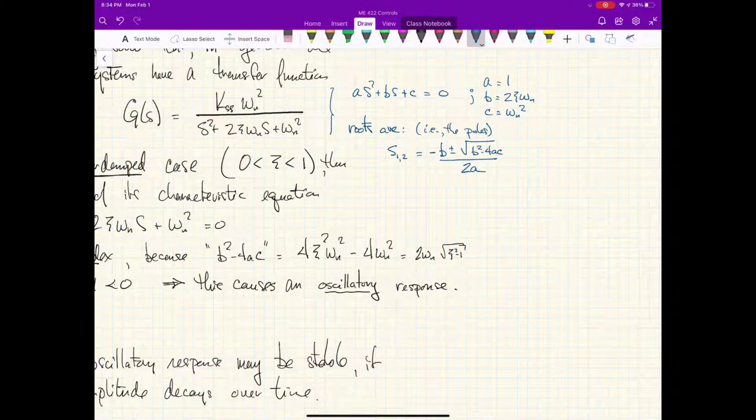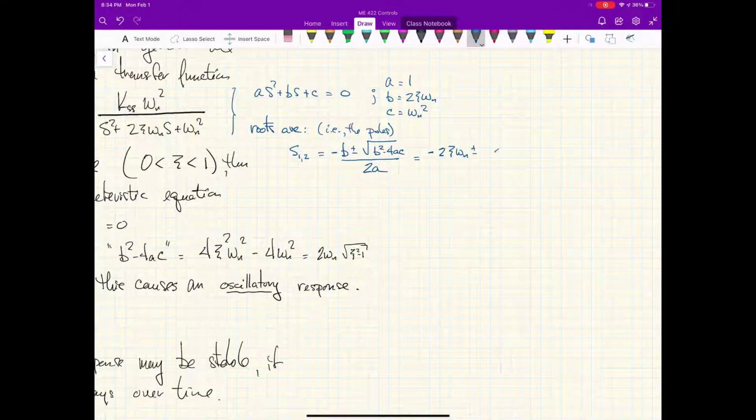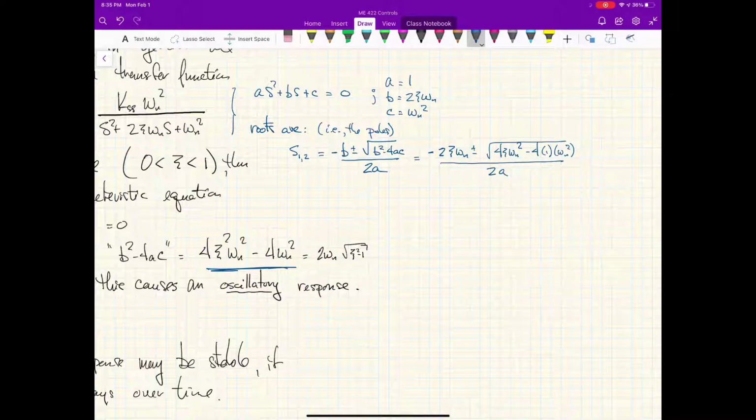So that is equal to minus 2 zeta omega n plus or minus the square root of b squared, which is going to be 4 zeta squared omega n squared, minus 4 times 1 times omega n squared, divided by 2a, and that's what I did over here for the radical. Oh sorry, a is 1.